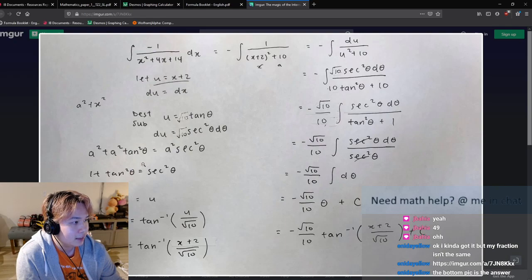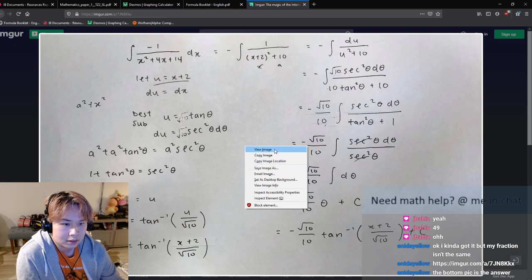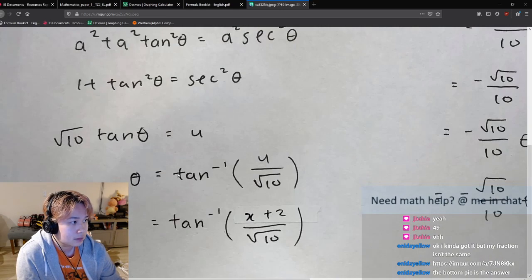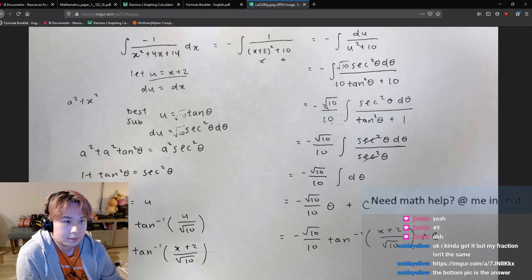So from your identity, you'll get this. But solving for theta, you get this stuff here. Okay, so you make your u sub. And then you make your theta sub.